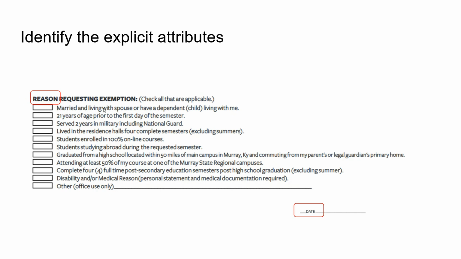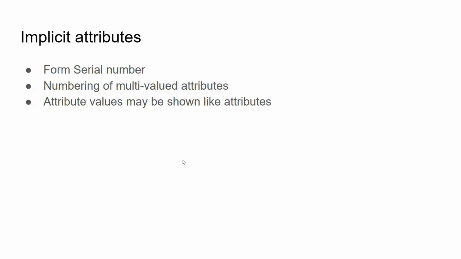So value for reason is here, and value for the actual reason is here, and this is the value for the reason. So reason will be these list of values. Okay, and so I'm keeping reason as an attribute, but not these individual items. Then I have marked date as an attribute too. All right, so now we will also track the value of each reason, whether it's checked or not checked, as to be stored in the database, and will be an actual entry.